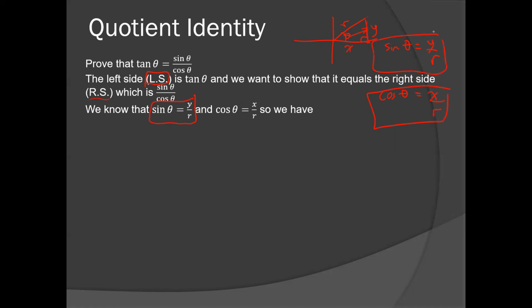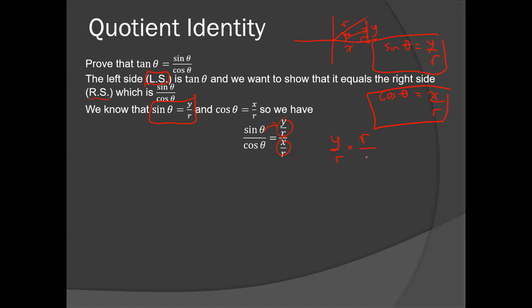So knowing these two identities, how can we use this to prove that sine theta over cos theta is equal to tan theta? Well, I know that sine theta over cos theta will be written as y over r divided by x over r. So we're having a fraction divided by another fraction. So how do you divide fractions? Well, we know we divide fractions by multiplying by the reciprocal. So what I'm going to do is simply take my numerator, y over r, and multiply by the reciprocal of the fraction in the denominator.